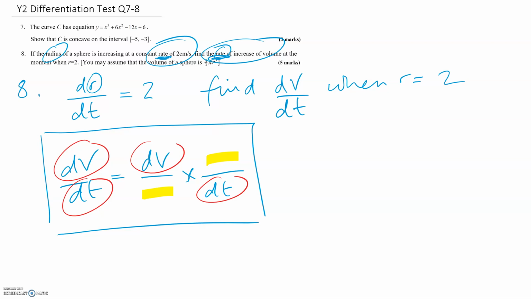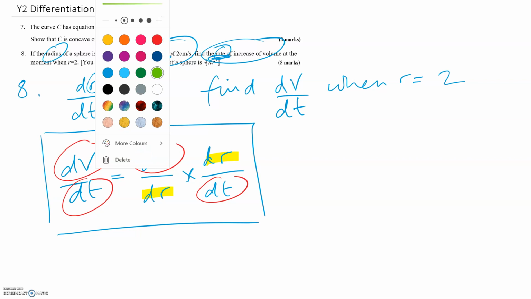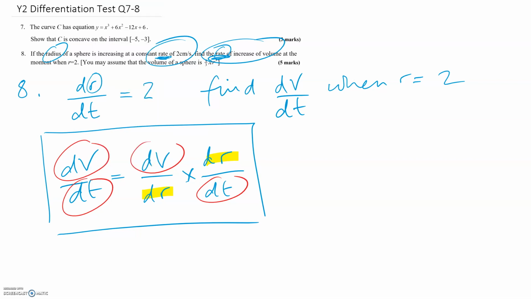So what's going to go here is dr, and this is going to be dr as well. We already know that dr by dt is 2, so we can substitute a 2 in there. But we've got to work out what dV by dr is.